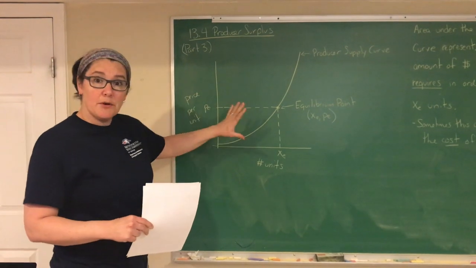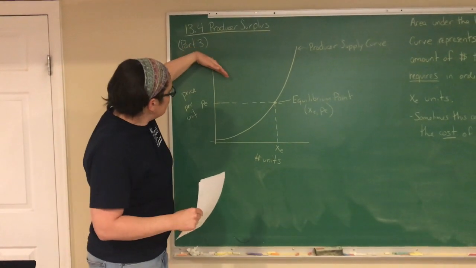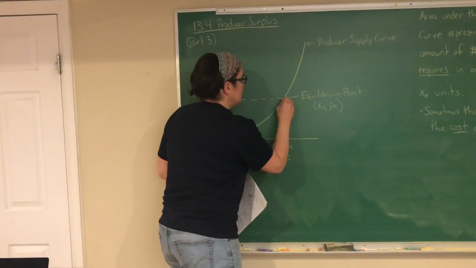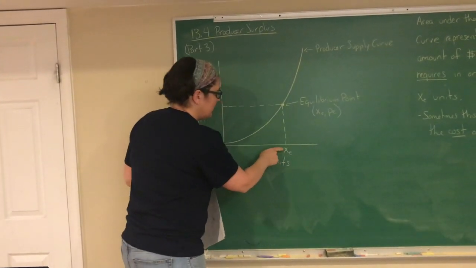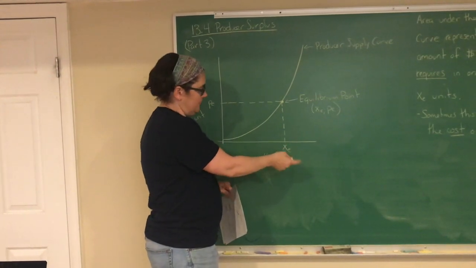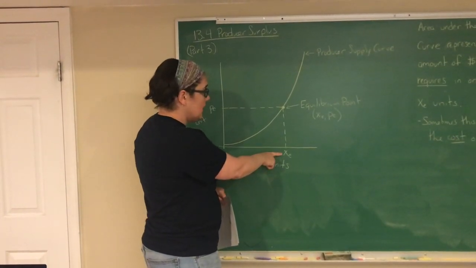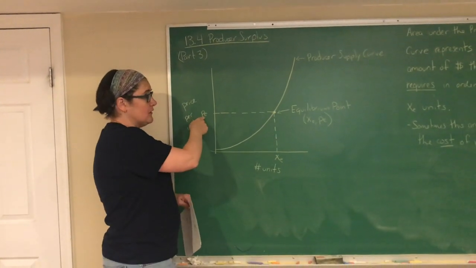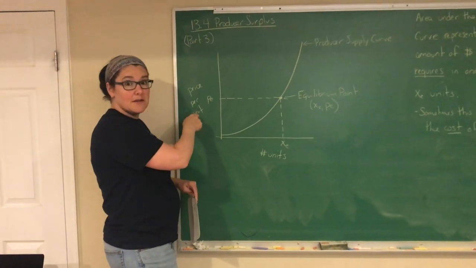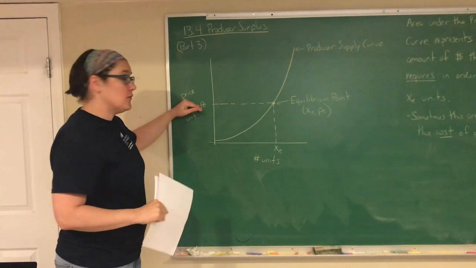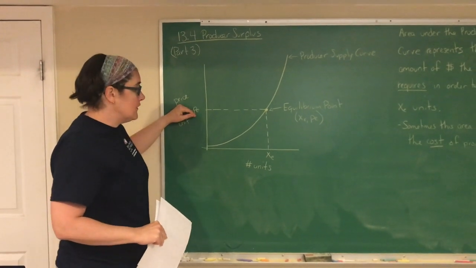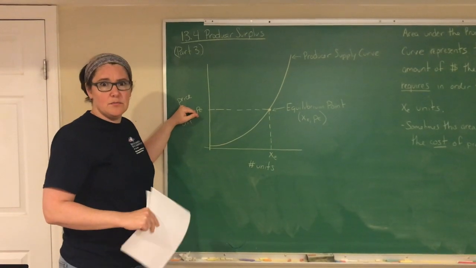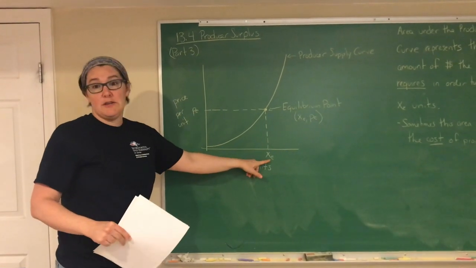And when we had both of the pictures together, we had the demand curve that crossed the supply curve at this equilibrium point, and the equilibrium quantity, the number of donuts or number of units in general, we'll call X subscript E for equilibrium, and that corresponds to the equilibrium price. So if the price is set at the equilibrium price, then the consumer and the producer both agree that they want to consume and produce this many units.